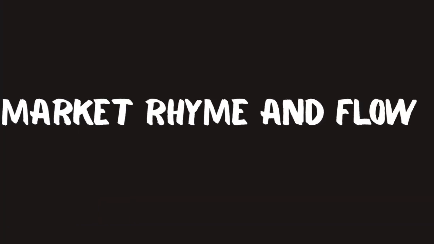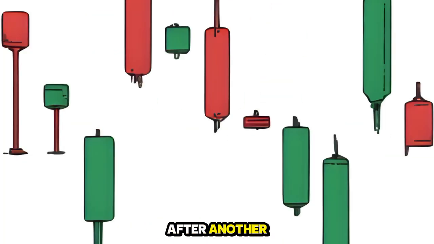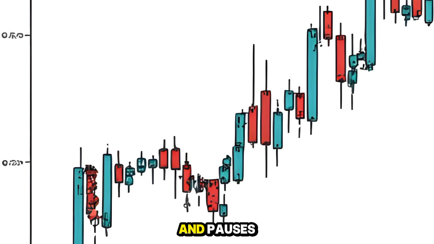The market's rhyme and flow. Candles appear one after another, forming rhymes, just like breathing. The market expands and contracts, accelerates and pauses. Long candles followed by smaller ones often mean a pause before the next move.